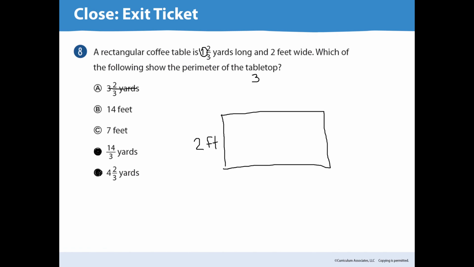And 2/3 yards, we already found out that 2/3 yards is 2 feet, because that's 2 out of 3 feet that make a yard. So 3 feet plus 2 more feet is going to equal 5 feet. So that's 5. That means this one's also 5. And if this is 2, this one is also 2. And let's find the perimeter. Here's 5, 10, 12, 14.